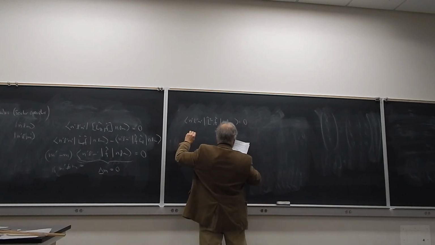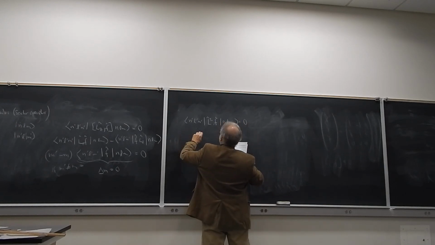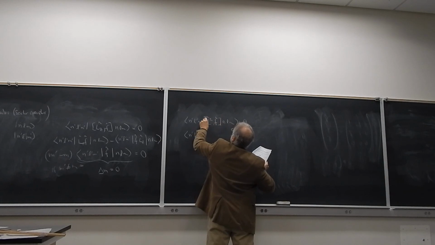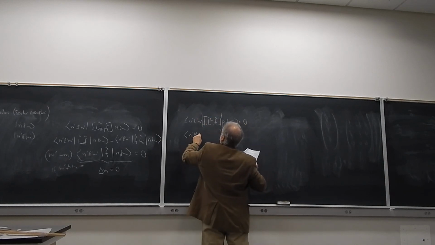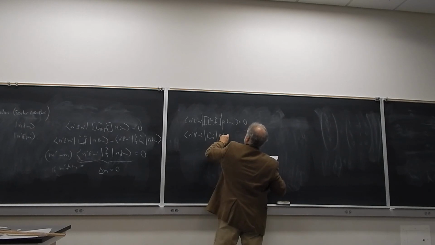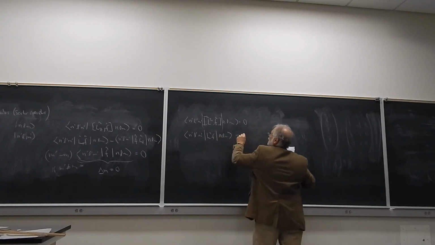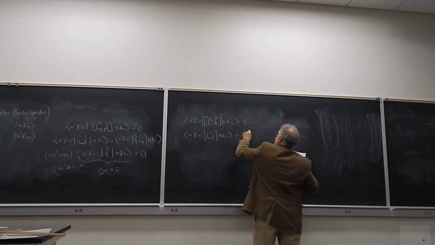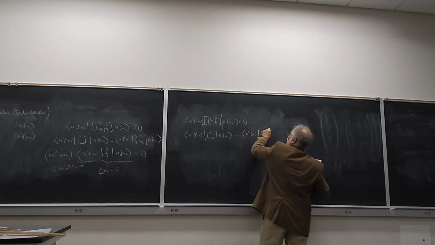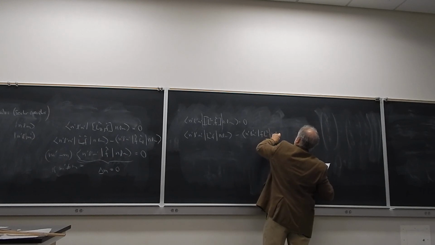By the same token, this is going to be, again, n prime, l prime, m prime, L squared F, n l m, minus n prime, l prime, m prime, F, L squared applied to n, l, m.